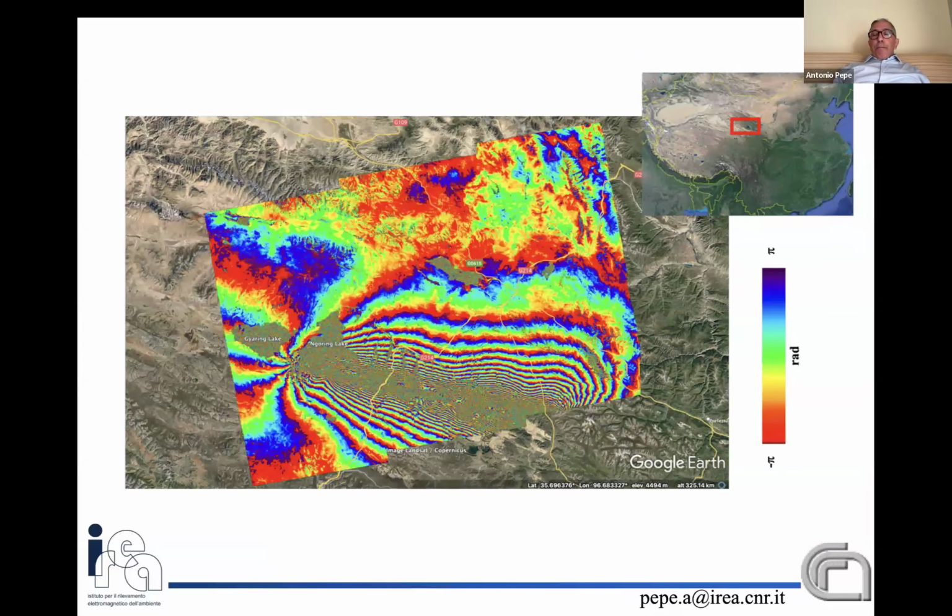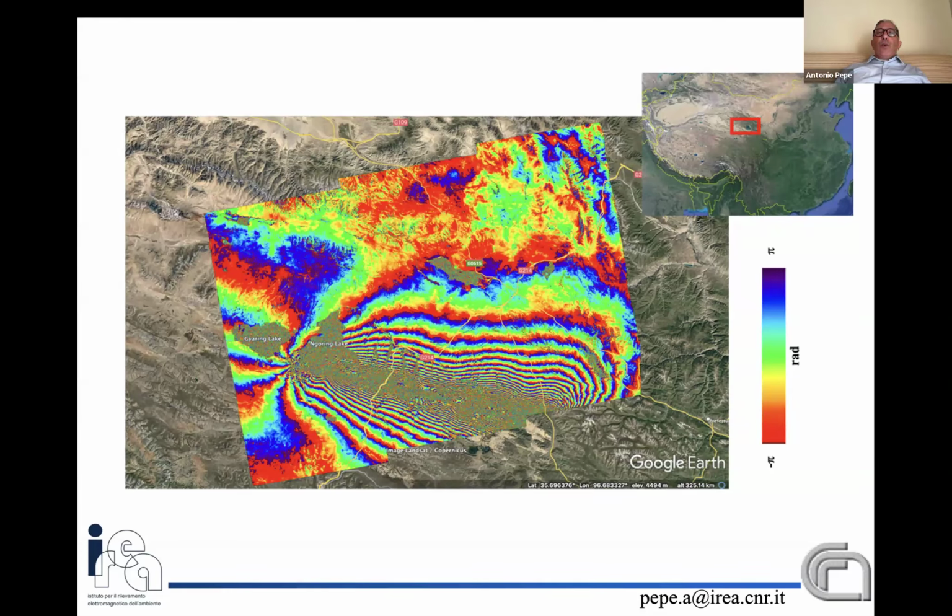Another topic, and then I'll try to reach a conclusion, is the analysis of very big deformations. In the case of very large earthquakes, very large deformations, InSAR has some problems because the decorrelation noise tends to destroy the information.